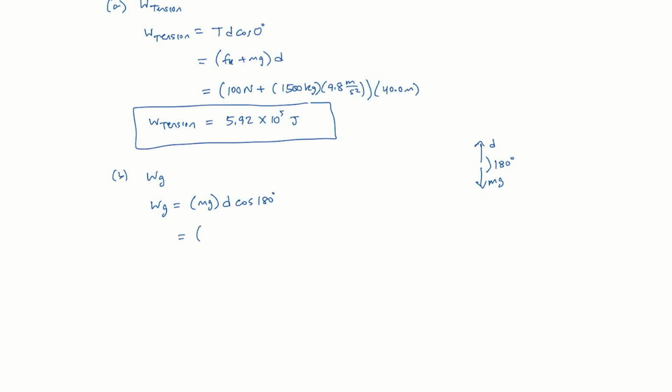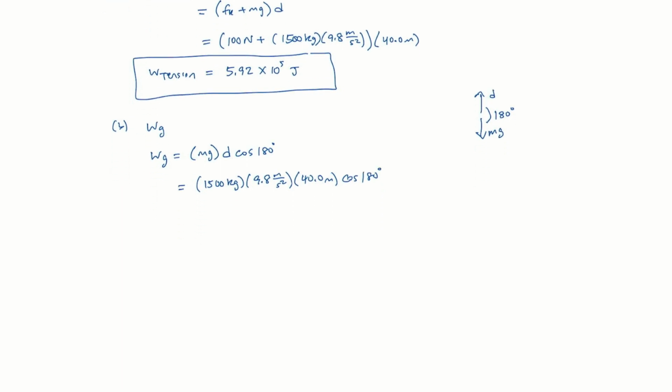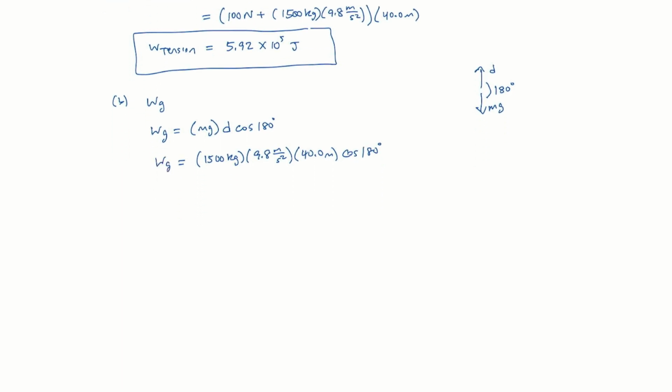The mass is 1,500 kilograms, g is 9.8 meters per second squared, the displacement is 40 meters, and the cosine of 180 is going to give us the minus sign. Work done by gravity is minus 5.88 times 10 to the 5th joules.